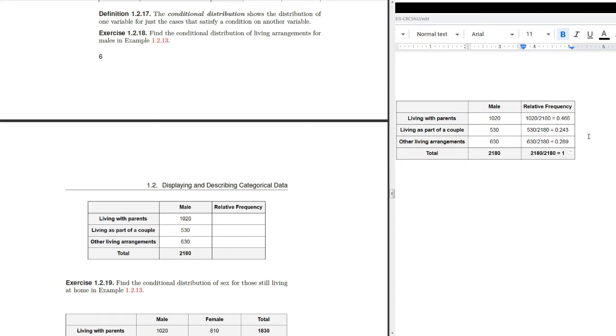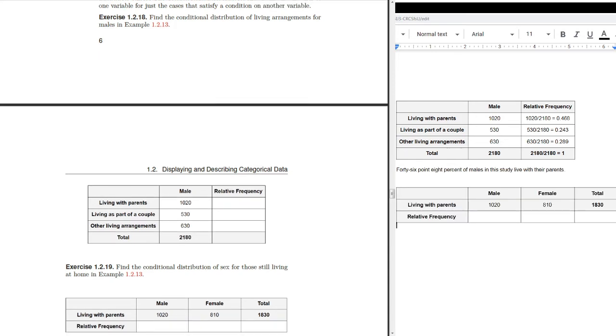So this is the conditional distribution of living arrangements for males. And the way that we interpret these percentages, for example, is that 46.8% of males in this study live with their parents.